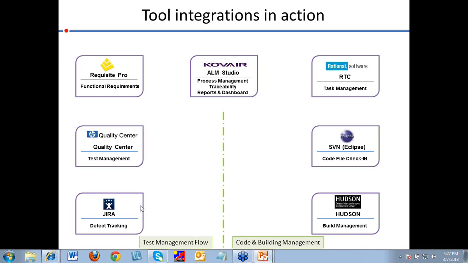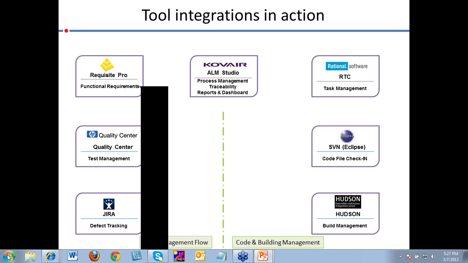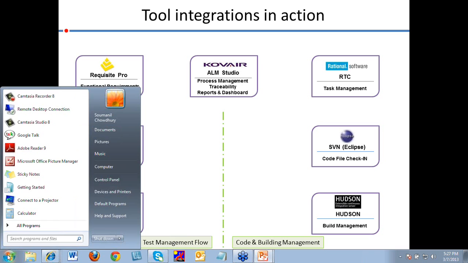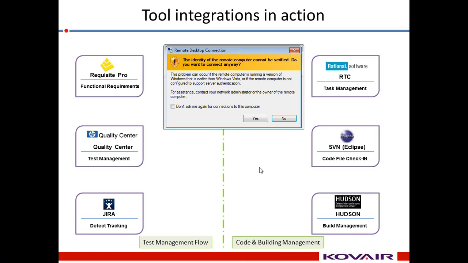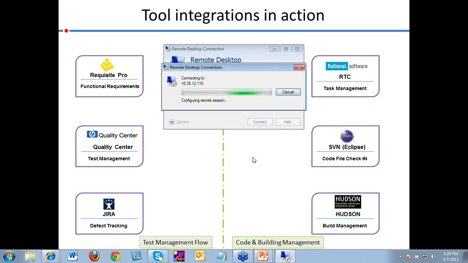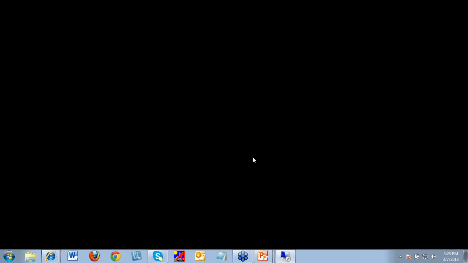So with this, let me start by submitting a requirement into the Requisite Pro tool. Requisite Pro is located on a different server, so let me log into that server to connect to the tool and enter the requirement.